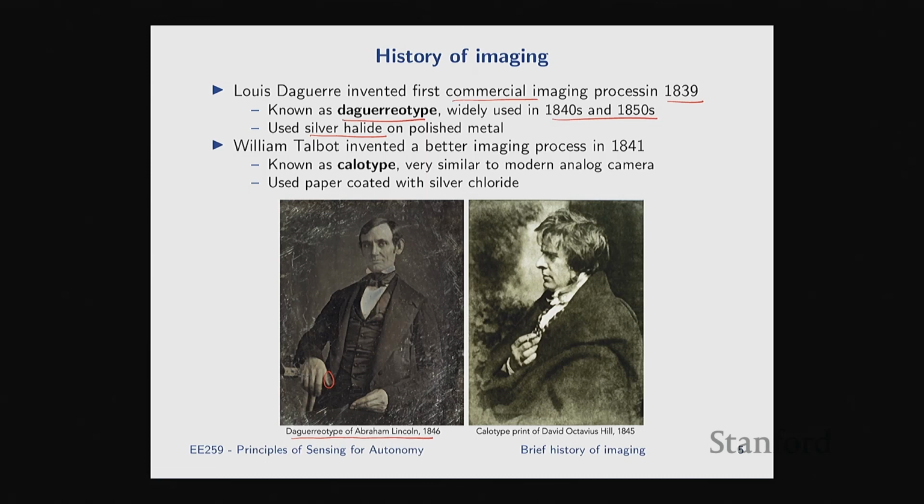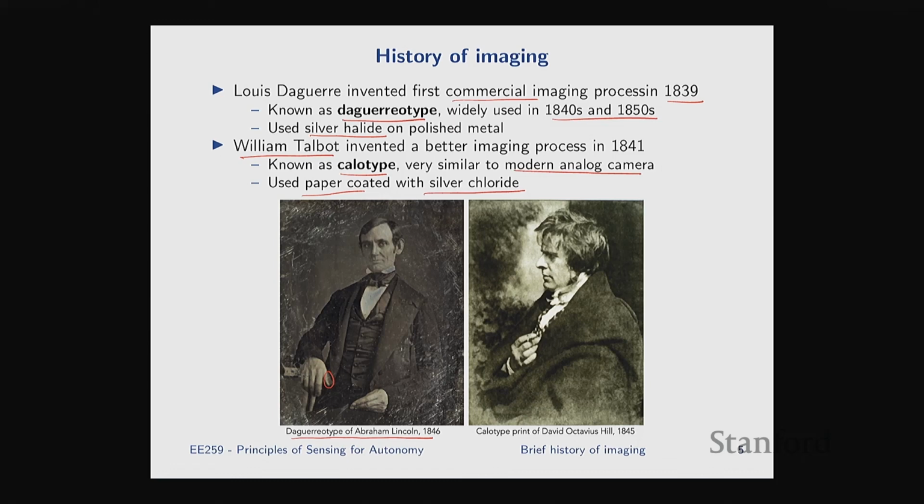At about the same time, a different process was developed by William Talbot, which from a commercial point of view was a much better imaging process. It's called the calotype, and it's basically where the modern analog camera started. It was done on paper coated with silver chloride, and you could get negatives from it. From a master negative, you can make multiple prints.